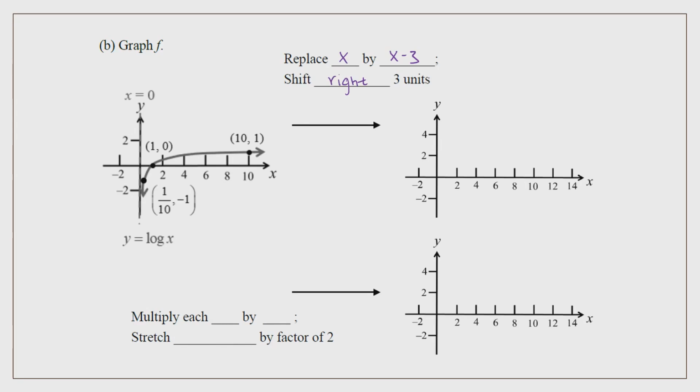And since we're shifting to the right 3 units, our new vertical asymptote is going to be x equals 3. And so that means all of our x coordinates are going to move to the right 3. So now our point 1 divided by 10 is going to be 3 and 1/10, or 3.1. So 3.1 and then negative 1.